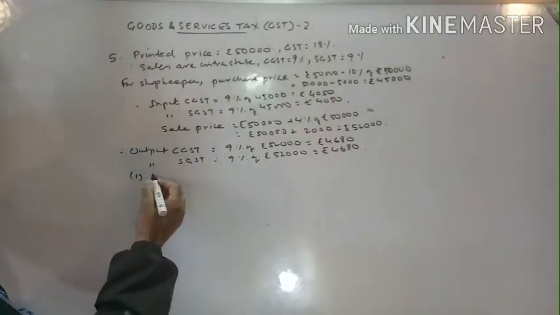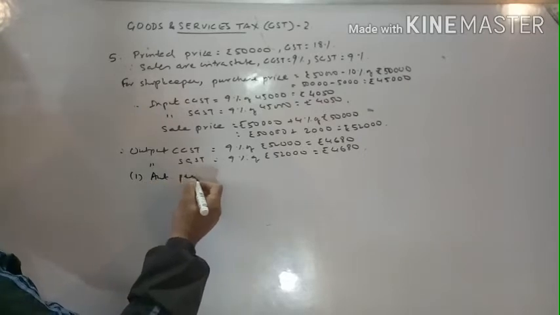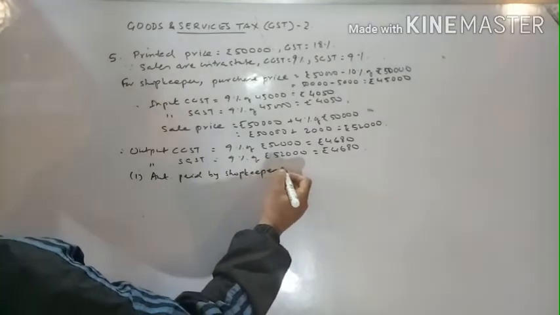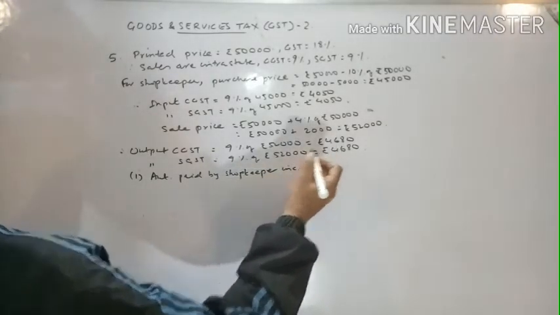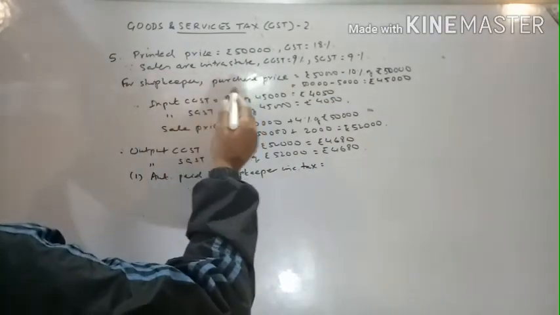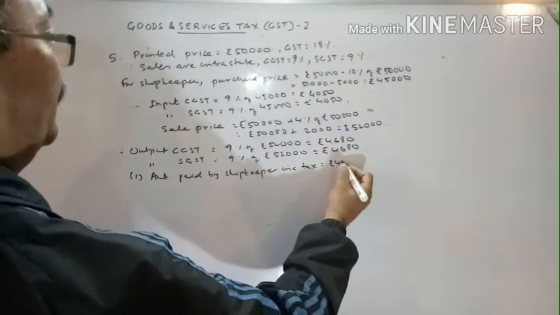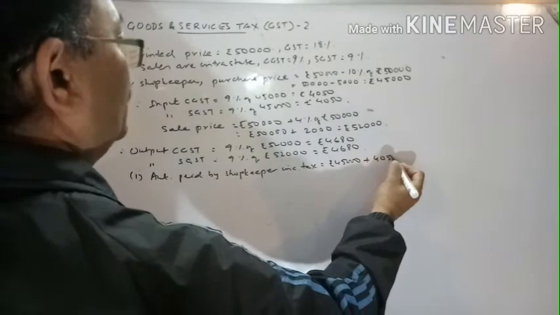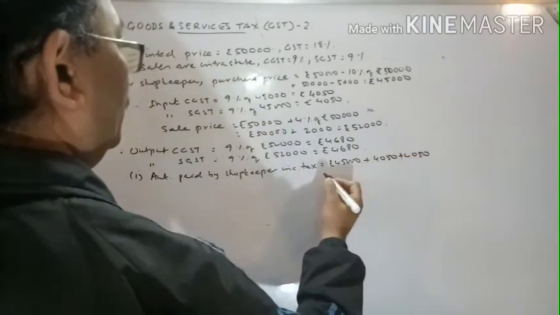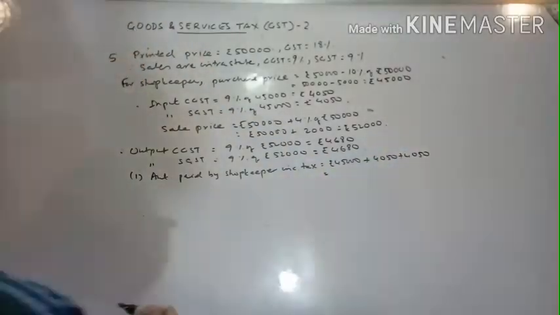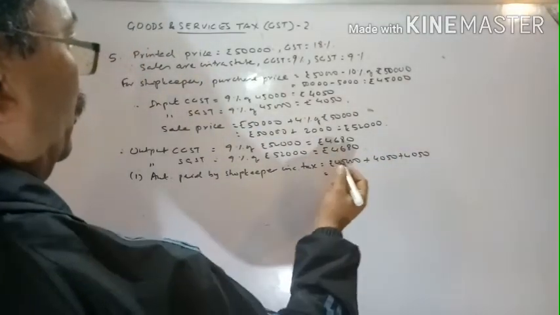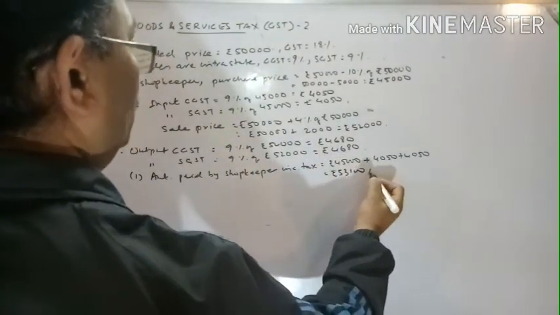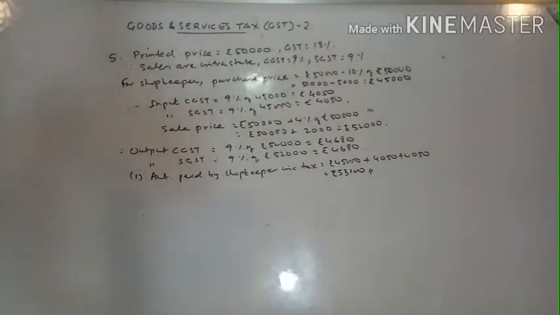The amount paid by the shopkeeper including tax equals: purchase price is 45,000, at this price he purchased, plus he paid tax also, 4050 plus 4050, which is 8,100. So 45,000 plus 8,100 will be 53,100. So rupees 53,100 is the price he paid including tax.